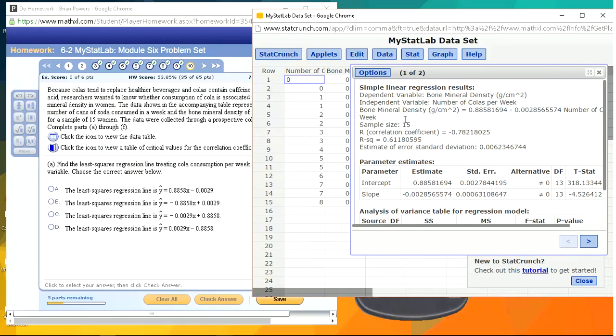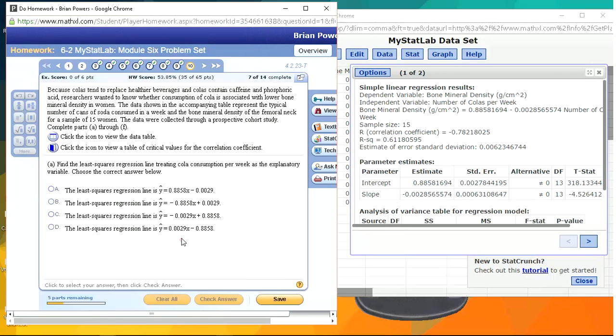The intercept is 0.885, and the slope is negative 0.0029. So let's try to get these in the right places. The least squares regression line is, so we want 0.88 positive to be the intercept and a negative 0.0029 to be the slope.